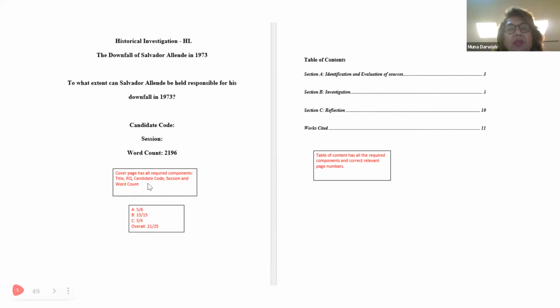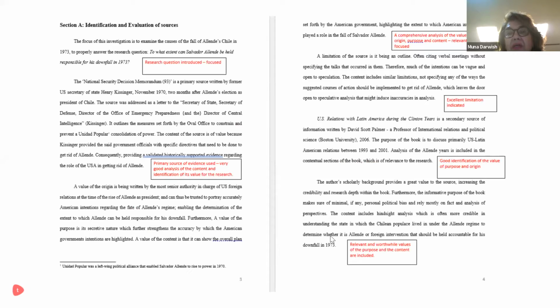Now we need to put the comments. This has been awarded 21 over 25: 5 over 6 for A, 13 over 15 for B, and 3 over 4 for C. The overall is 21 over 25.